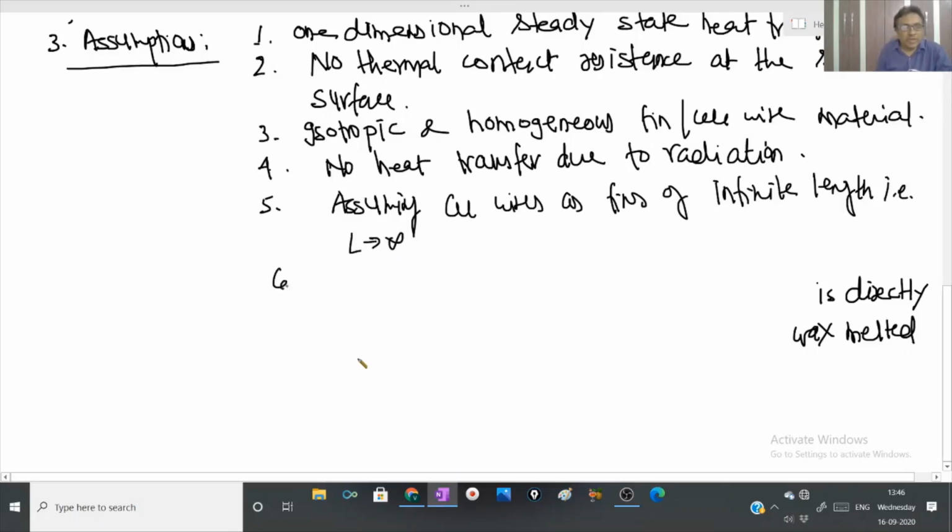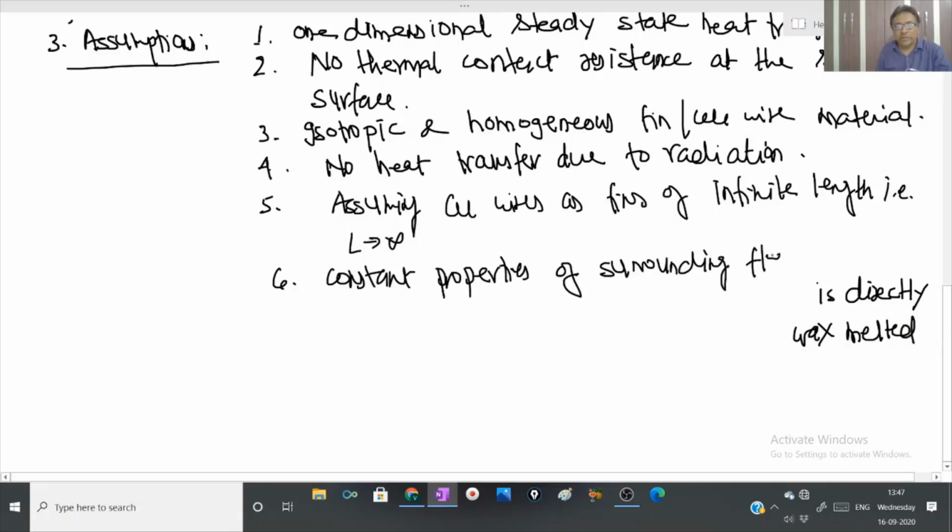And finally, constant properties of surrounding fluid, and in our case it is air.